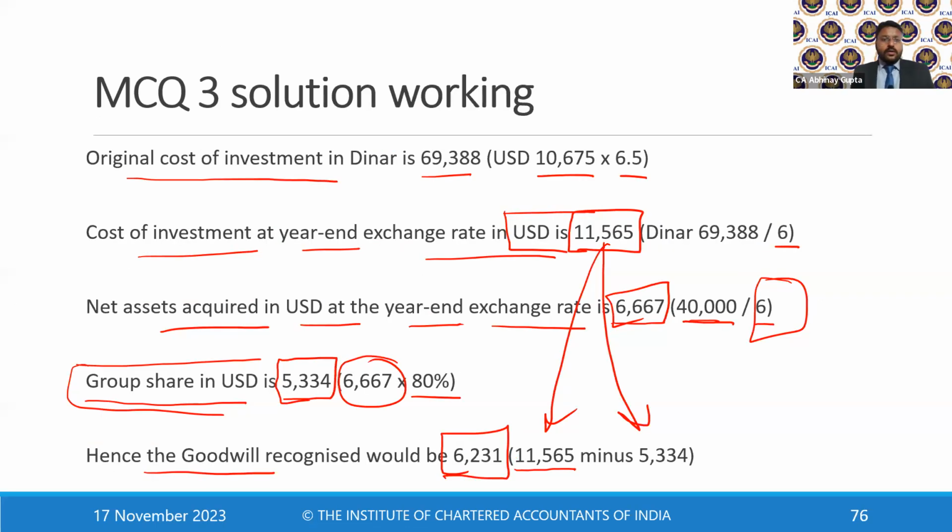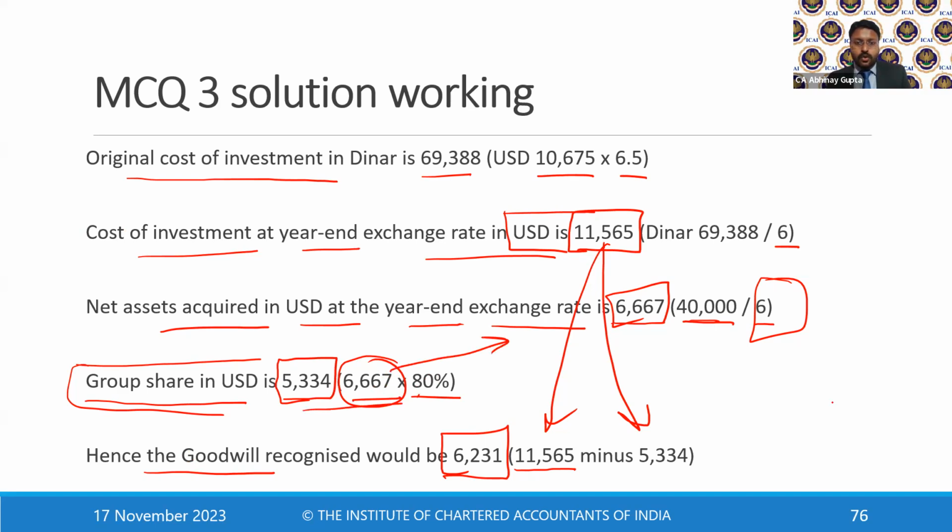Right. Now, do we need to present all these calculations if this MCQ was there in the examination? Ideally, we are not supposed to give all the calculations, but if you have time and you want to support your answer, then you can quickly give that group share is equal to 80% of this, and this is calculated this way.